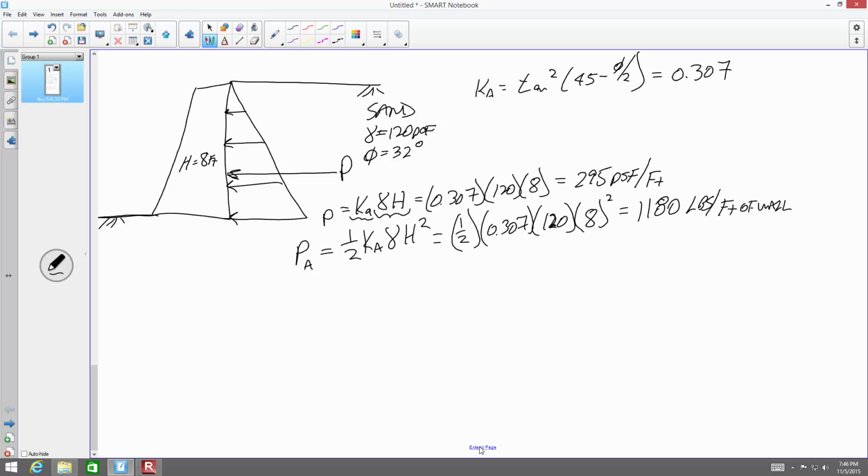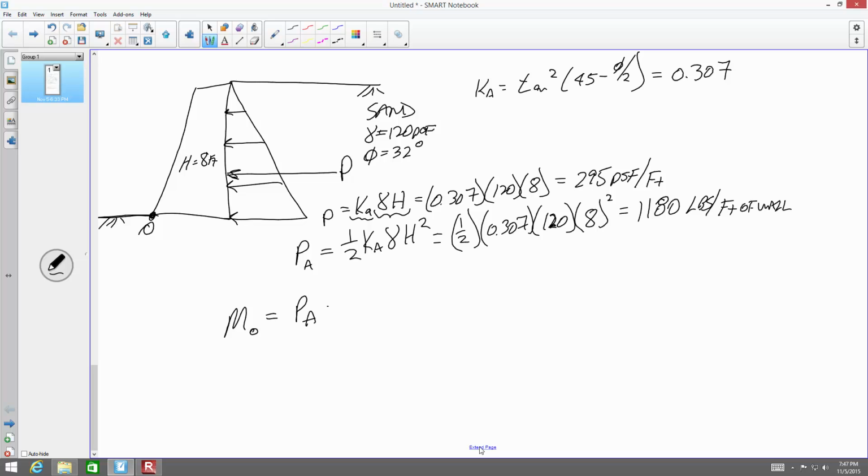Calculate the overturning moment per linear foot of wall due to this active earth force you just calculated. So what does it want to know? He wants to know the overturning moment. I'm just going to call this point O right here. So the moment about O is P sub A times its moment arm.